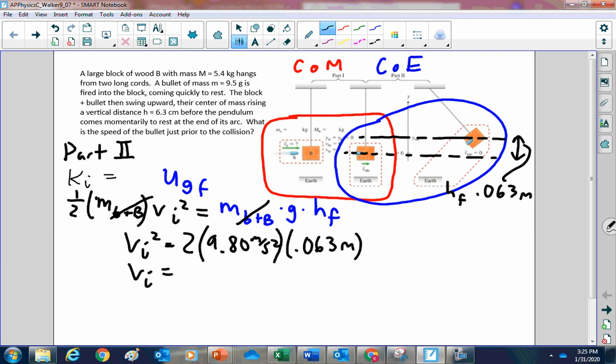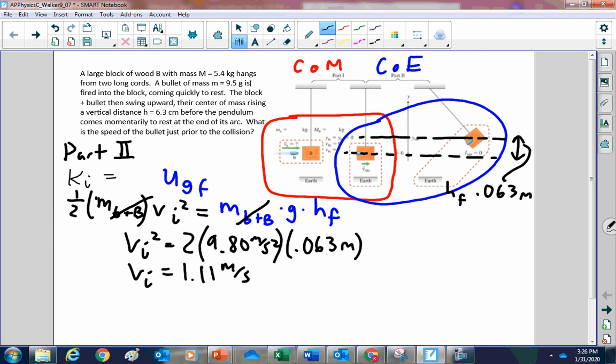So then I get 1.1, and I'll keep an extra sig fig around here, meters per second.